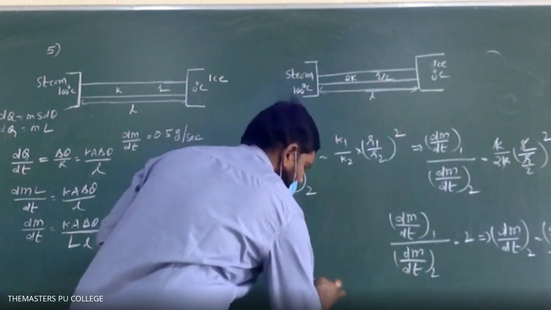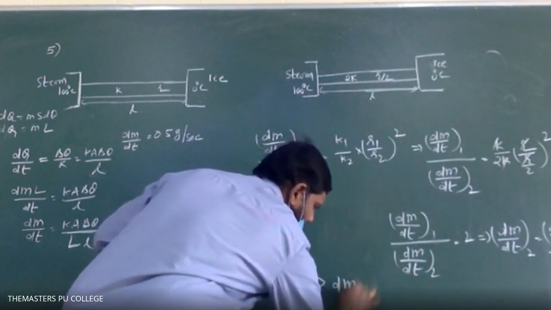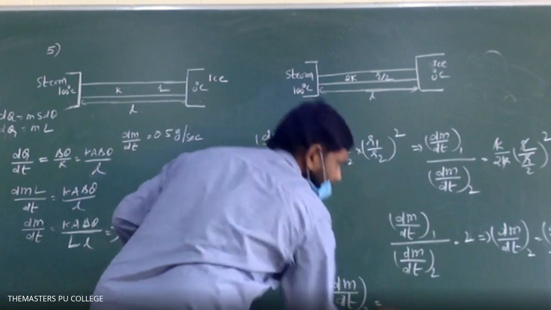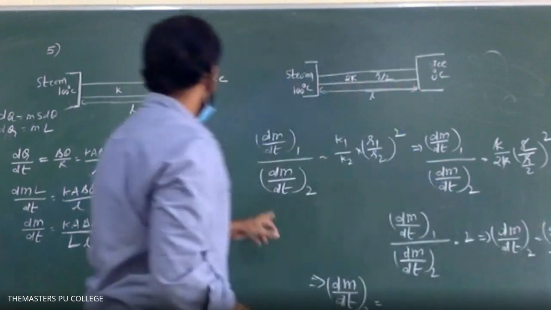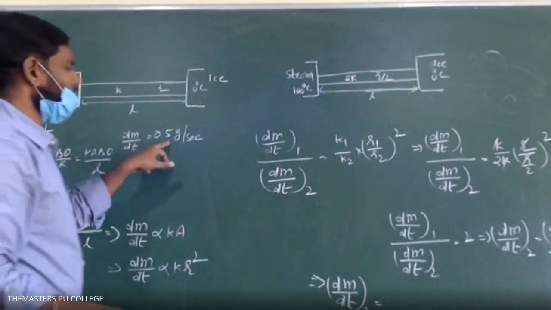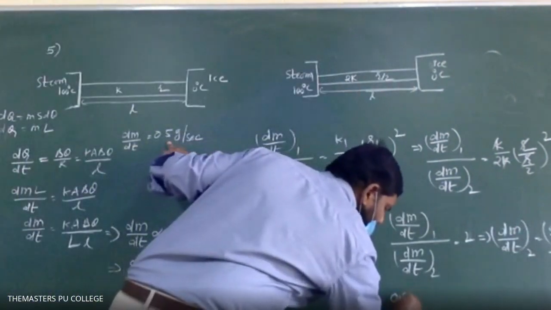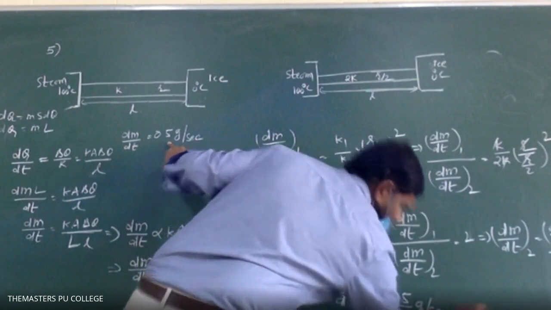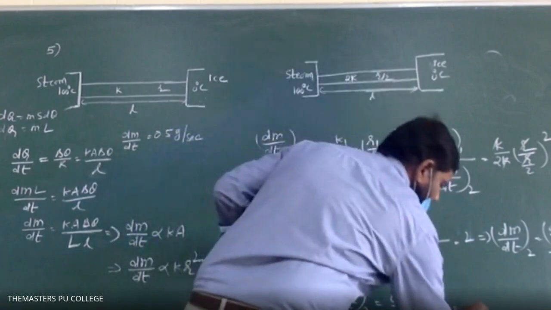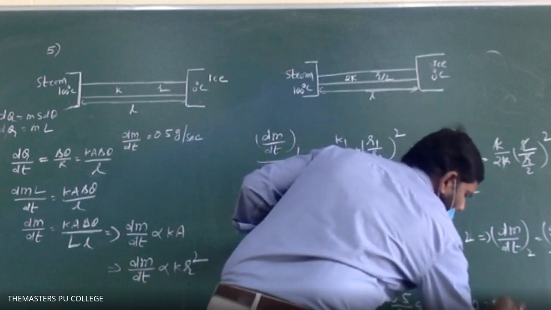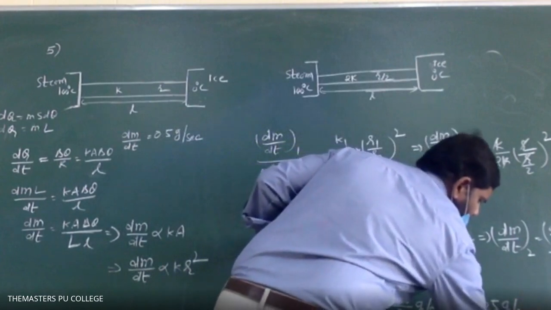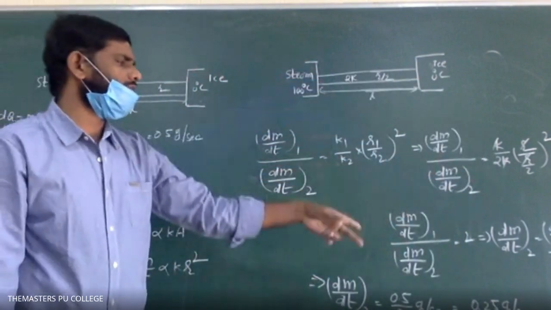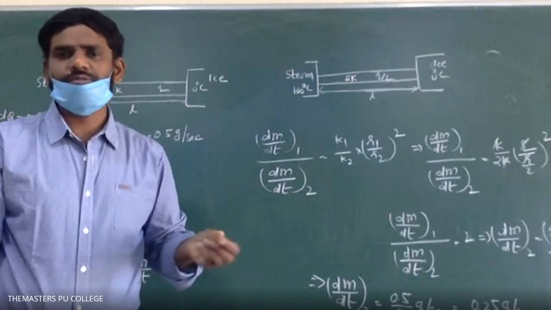So therefore dm upon dt of the second rod equals the rate of the first rod, which is 0.5 gram, so 0.5 divided by 2 gram per second. 0.5 divided by 2 is 0.25 gram per second. In the second case 0.25 gram per second will melt every second. Is there an option?